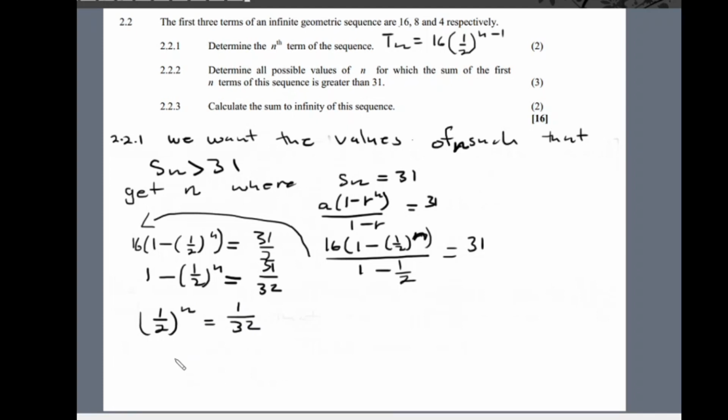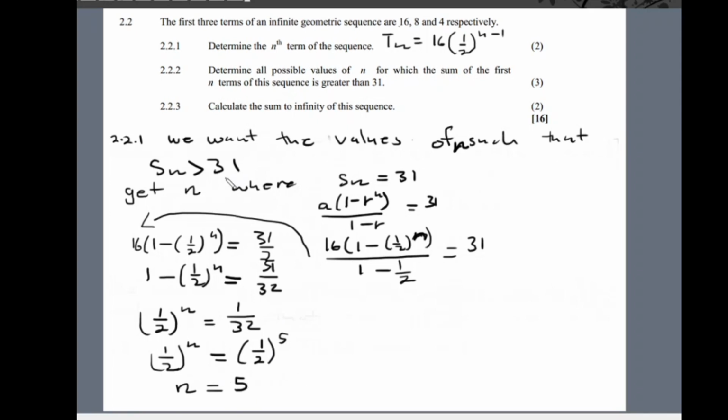So now solving for exponential equations, we have to make the bases the same and equate the exponents. So 1 over 2 to the power n is equals to 1 over 2 to the power 5. Another way of writing 1 over 32 is 1 over 2 to the power 5. So this means that n is equals to 5, right?